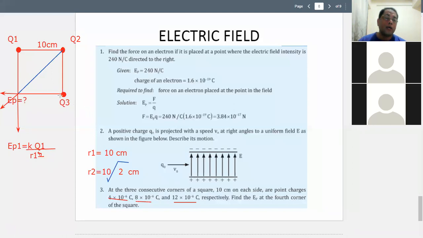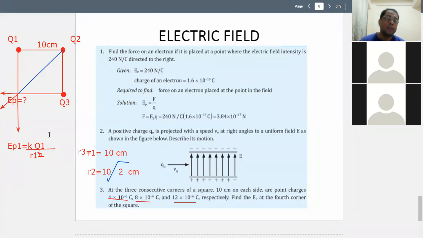Now your r3, the distance of q3 to this point, is of course 10. So r1 and r3 are basically similar in value. So your r3 will have the same answer. Okay, so they are both 10.